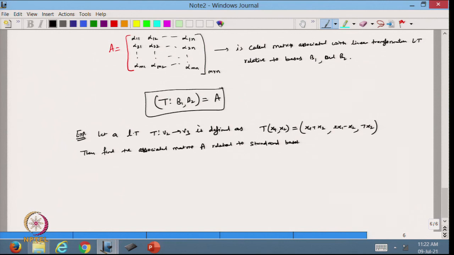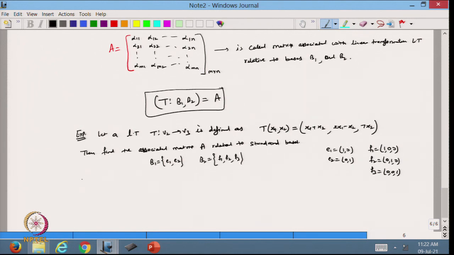Related to the standard basis means I know that the standard basis B1 is E1 and E2, and B2 I just call F1, F2, F3. You know that E1 is basically 1 0, E2 is 0 1, F1 is 1 0 0, F2 is 0 1 0, and F3 is 0 0 1. So, these are the standard bases.